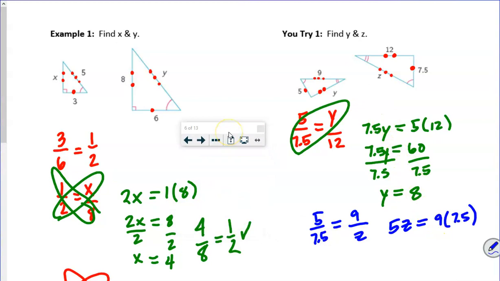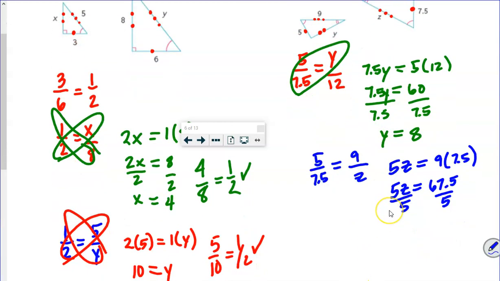So 9 times 7.5 was 67.5. So we got 5z is equal to 67.5. So then we're going to divide both sides by 5 here. So we got z is equal to, I got 13.5.